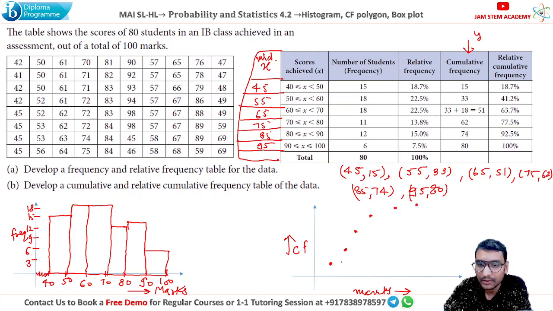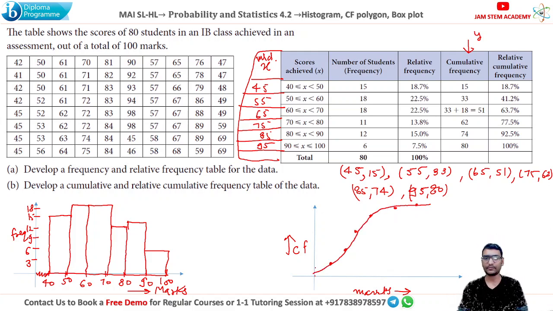So you can mark those points and you will find a curve like this. Now join these points freehand. The graph you are getting here is your cumulative frequency polygon. You need to draw it like this.